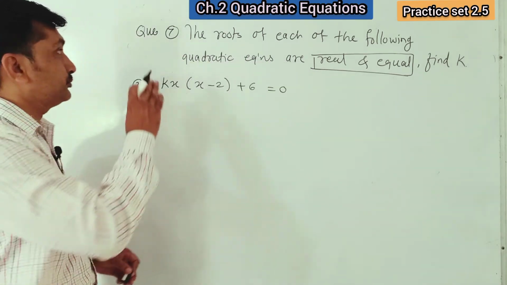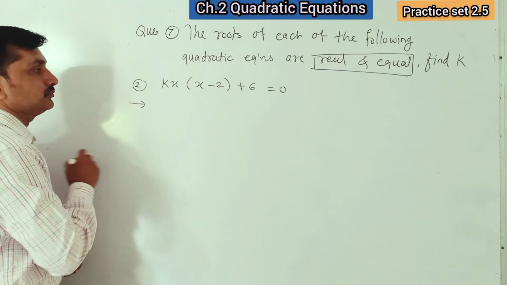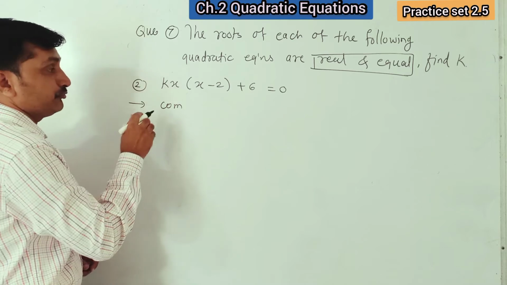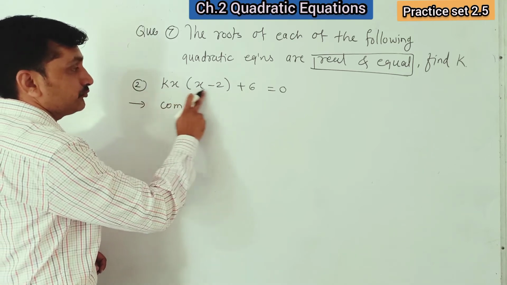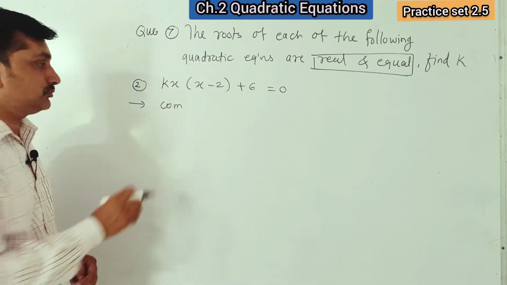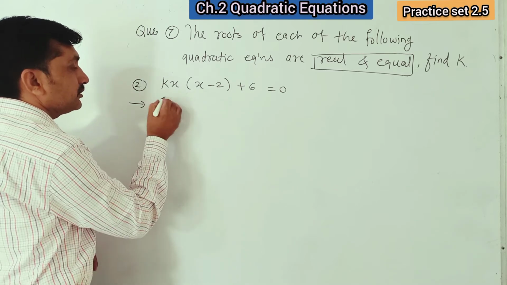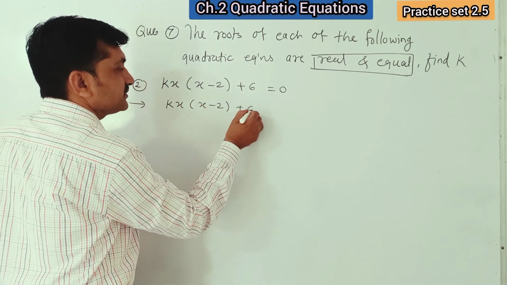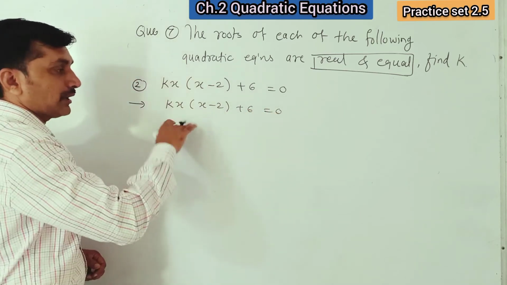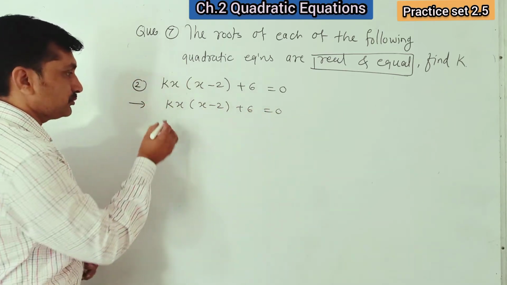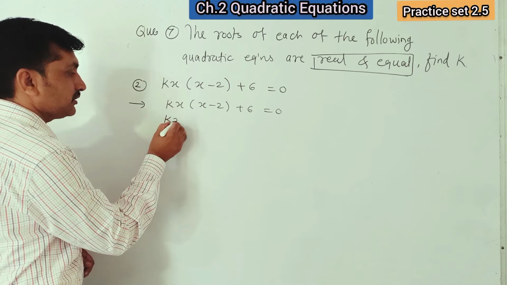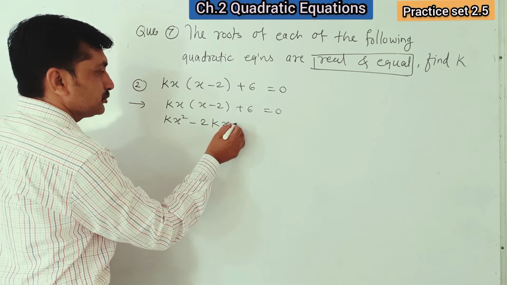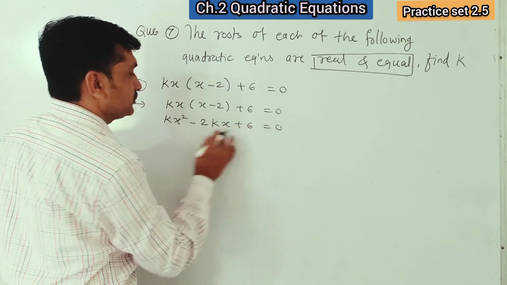Second example of this question. Before comparing, we have to convert this into standard form. Therefore, write this as kx in bracket k minus 2 plus 6 is equal to 0. Convert this into standard form by multiplying by kx: kx square minus 2kx plus 6 is equal to 0. Now it is in standard form.